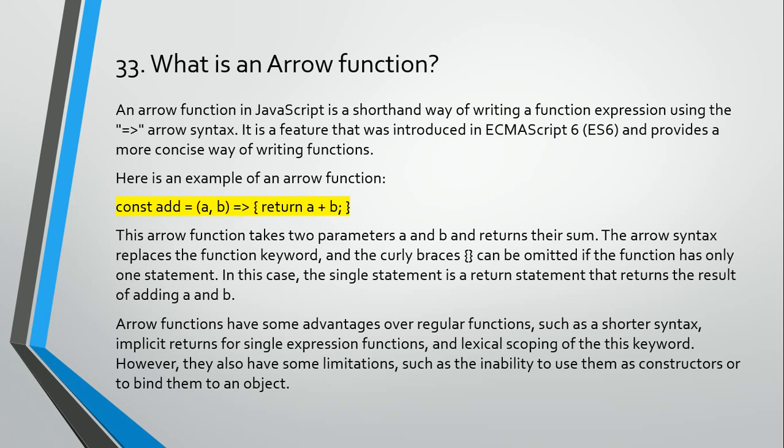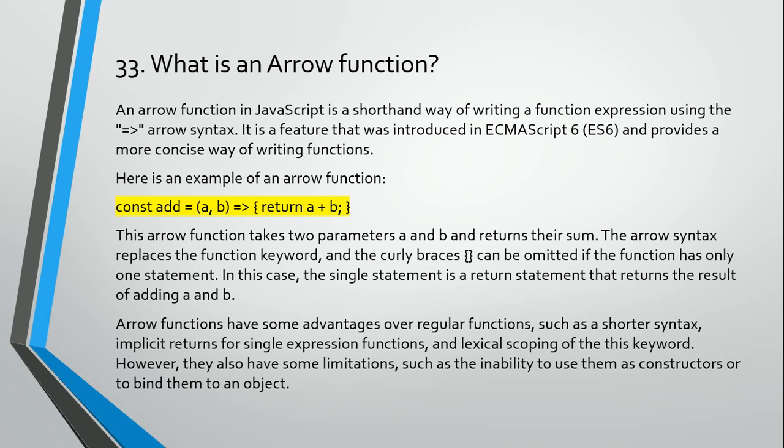So look, here is an example of an arrow function. For example, const add, then equal sign, then round brackets, then equal and greater sign, which represents the arrow, and then inside curly brackets we will write our code. So this is a simple syntax.